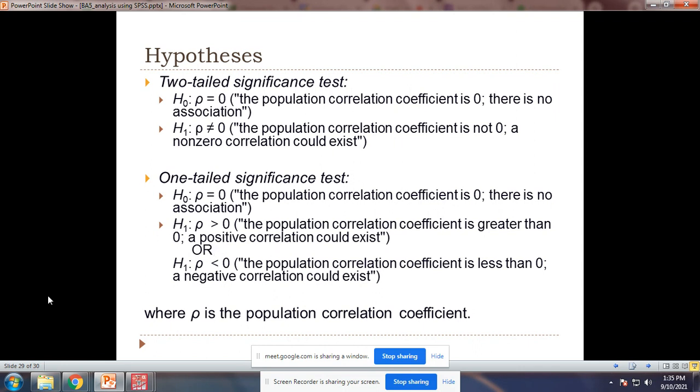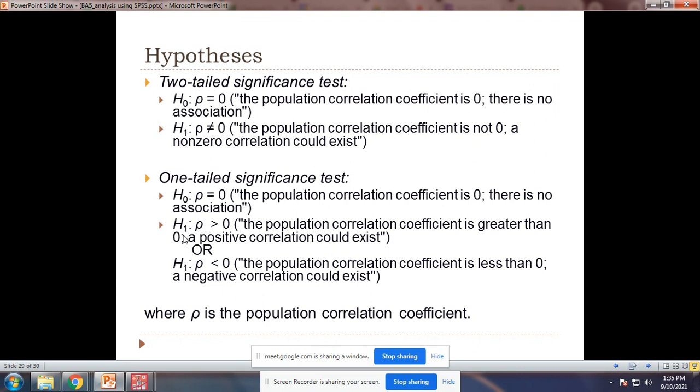Now for the one-tailed significance test, the null hypothesis remains the same. Population correlation coefficient is equal to 0. That means no association between the variables. But when you write the alternate hypothesis, it depends on which side your alpha value is. If it is towards your left side, then you will write that a positive correlation could exist between the two variables.